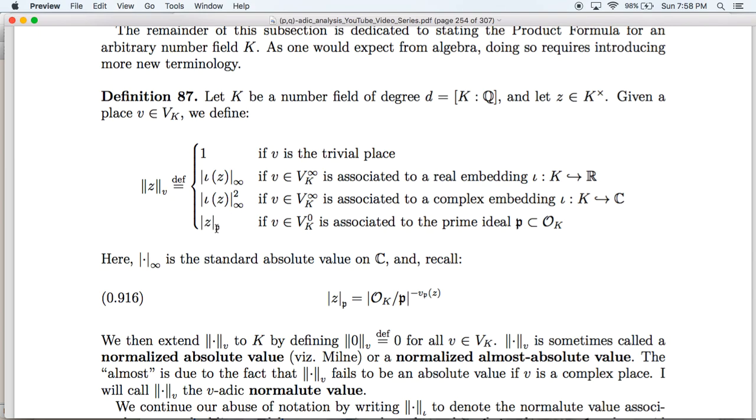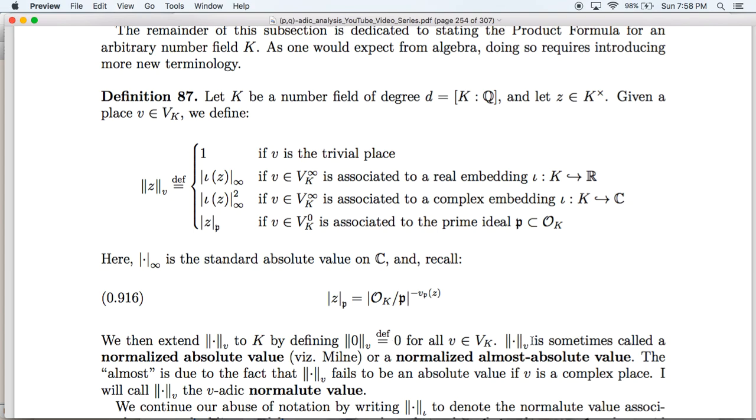And it's just going to be our p-adic absolute value when V is a non-Archimedean place. Here, recall, this is going to be the ideal norm of P to the power of negative valuation_P of Z. We then extend double bars V to K by defining 0 double bar V to be 0 for all valuations.